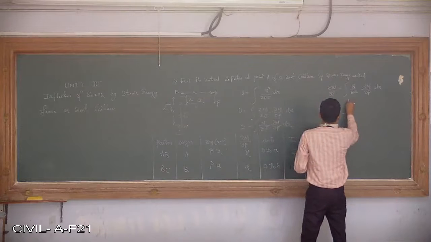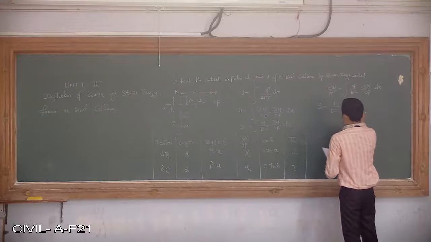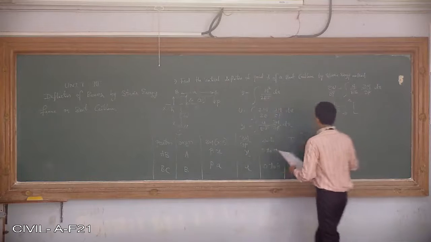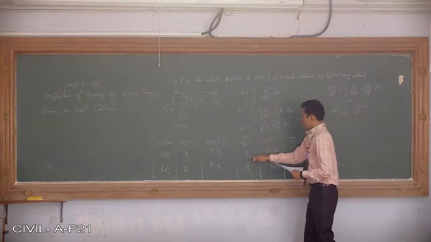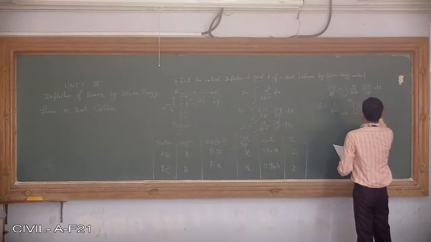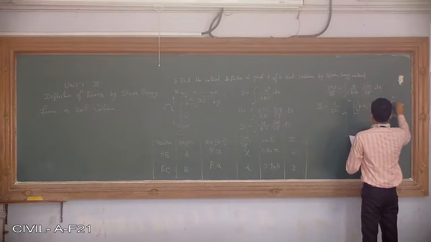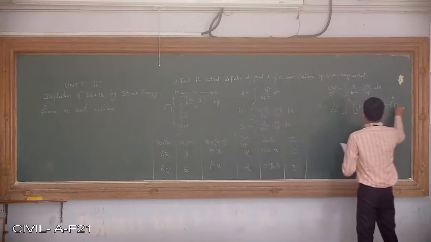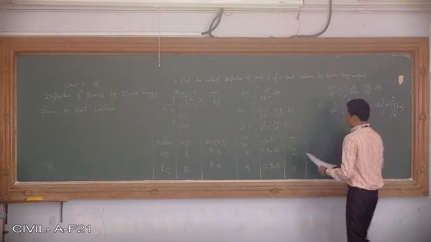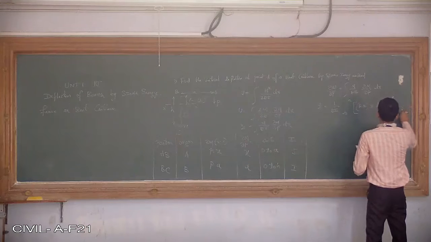For the first portion, 0 to a, the bending moment is P into X, into dou M by dou P which is X, dx, plus integration of 0 to h. For the BC portion it is P into a, and dou M by dou P is small a, dx.